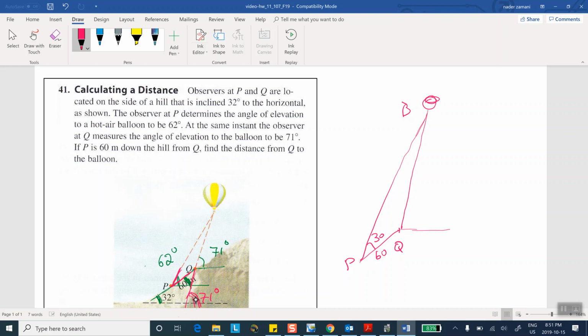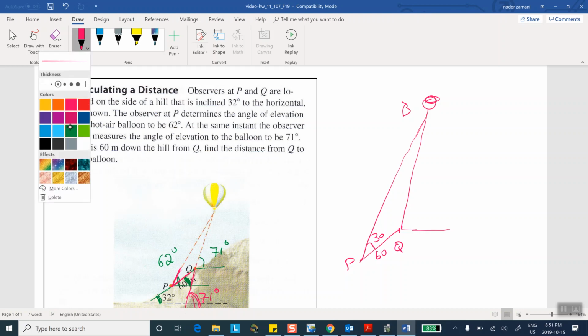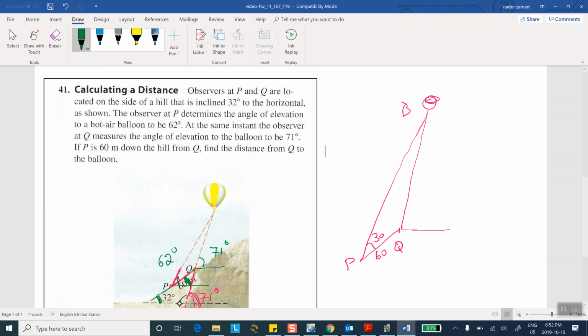If that angle is 71 degrees, you can figure out what this green angle is.